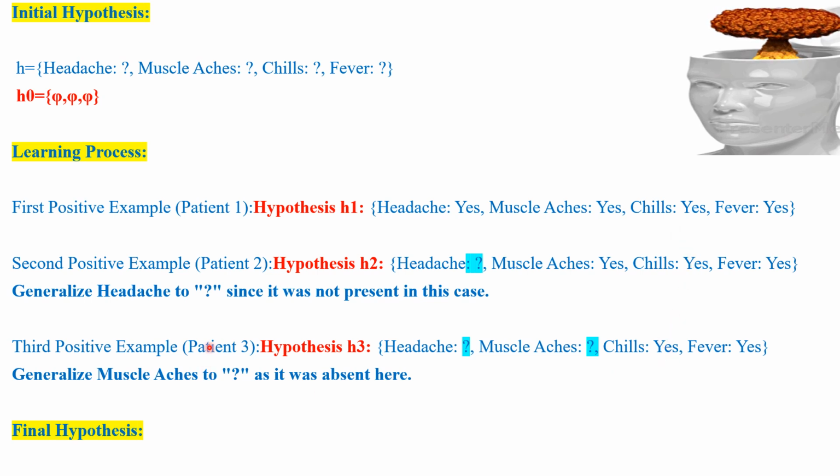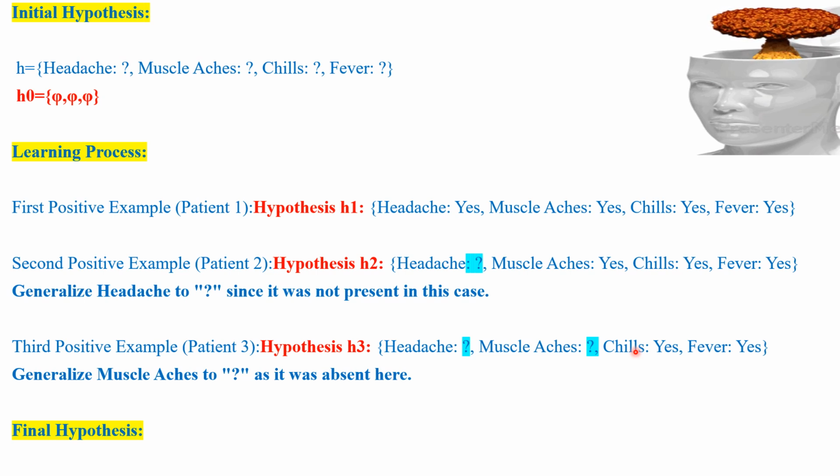Now while I check the fourth and fifth patient examples, they are negative examples, so we'll be ignoring them. The Find-S algorithm basically ignores negative examples which are given in the training data. So based on the three positive examples as per the records given in the training data, the chill is retaining its value the same from start till end.